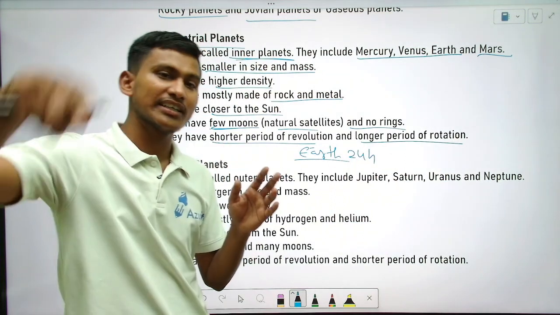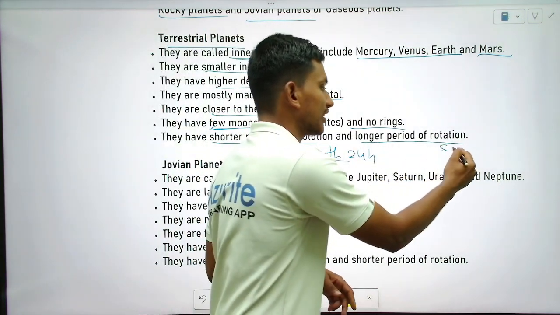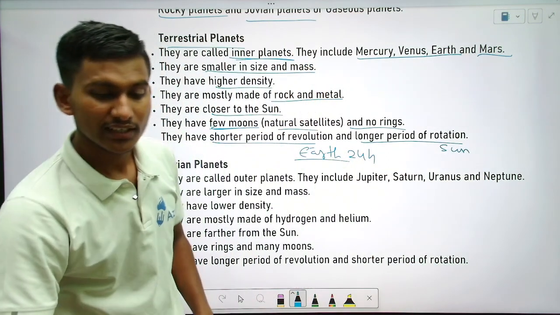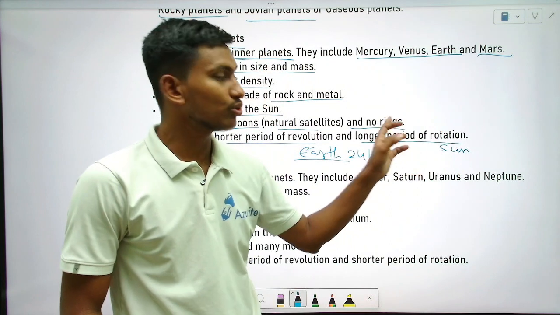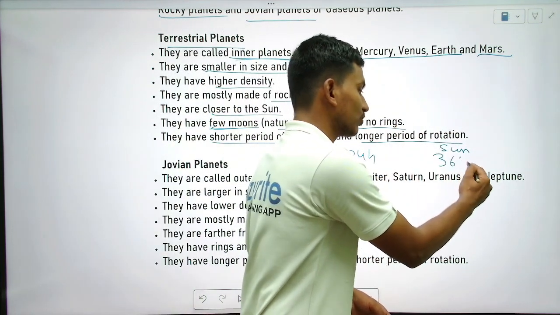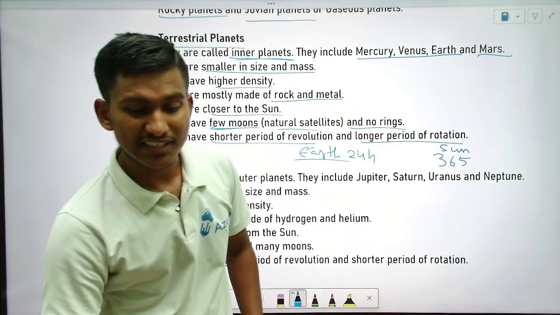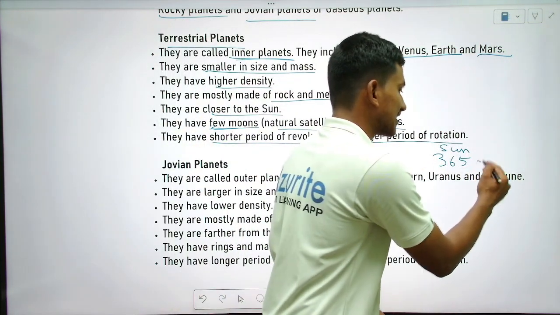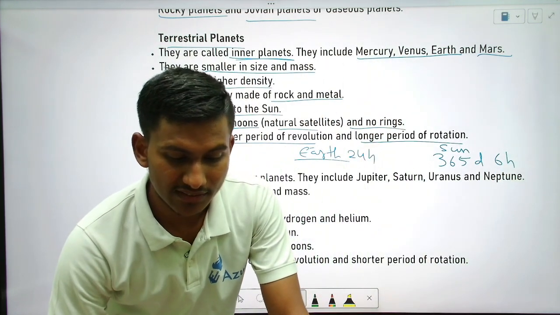Rotation means rotating around the sun. So how much time does it take for the earth to rotate around the sun? 365 days, and some 6 hours. See, 365 days and 6 hours. Yes, very good.